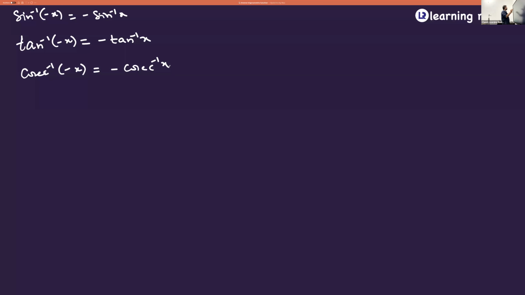Yeah, what are the values? So here, where does x lie between? The normal domain. What about tan inverse x? X belongs to? Yes. You can substitute any real number. Cosecant inverse? Modulus of x greater than or equal to 1. What is the meaning of this?